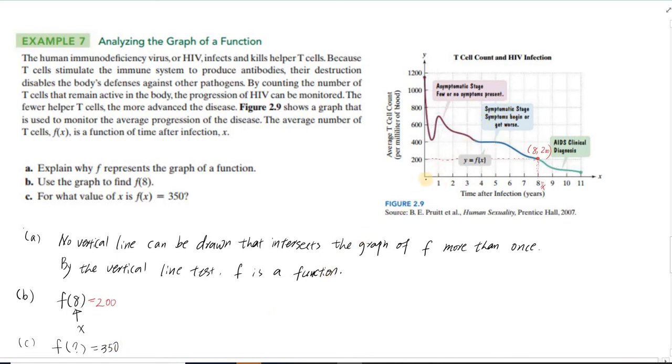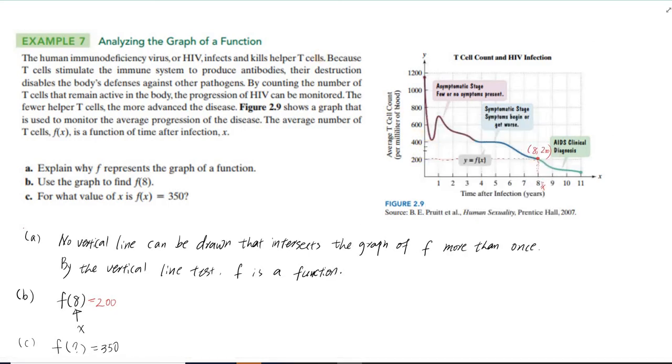So now we have the y value. All we have to look for is x. So I'm going to find my y value first. So 350, here we have 200. Between that will be 300, right here, that's around 300. And then I'm going to go another half. That's probably around 350. Sorry about that.